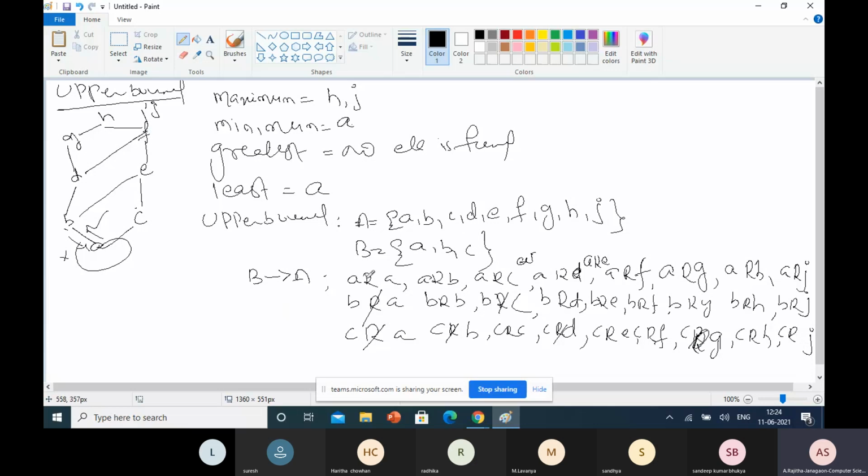Now first consider this column. Here A relates to A, but B relates to A and C relates to A are not, so those are not considered. This is also not considered.